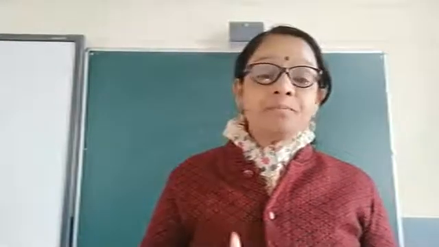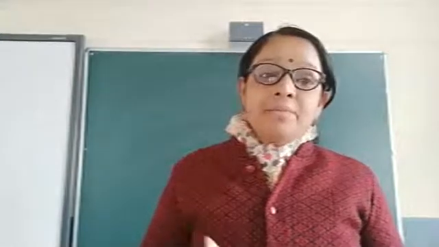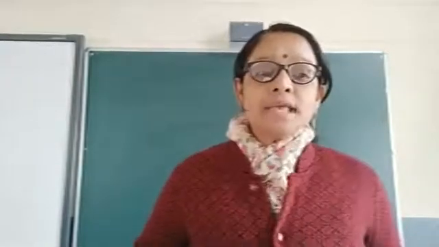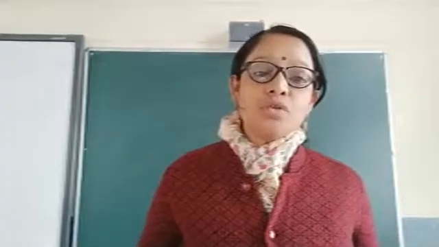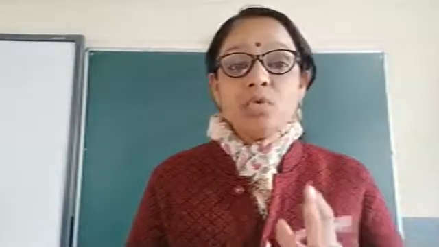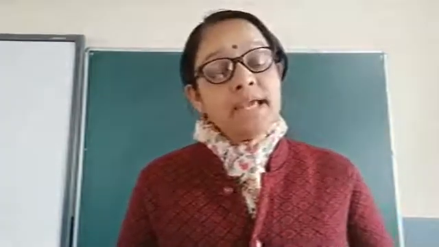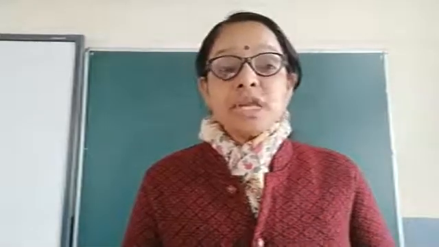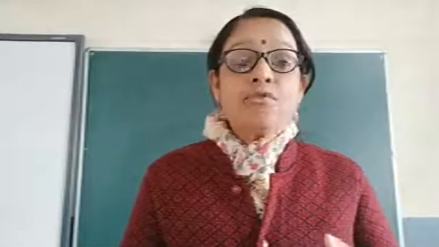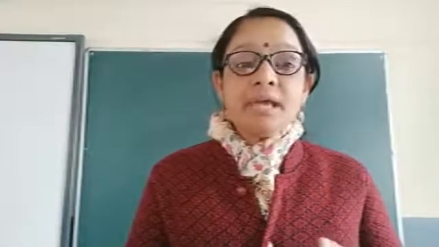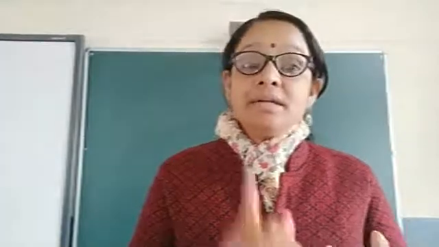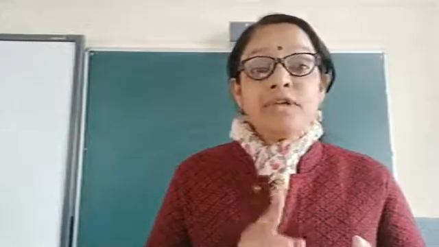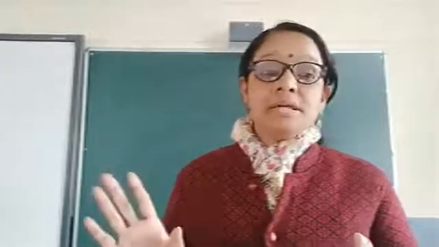Second thing, regarding the syllabus: many of you are asking what the portion is. I am telling you again that in history you have to study chapters 4, 5, 6, 7, 8, 9, 10 is not there, then 11, 12, 13. That is the history syllabus.